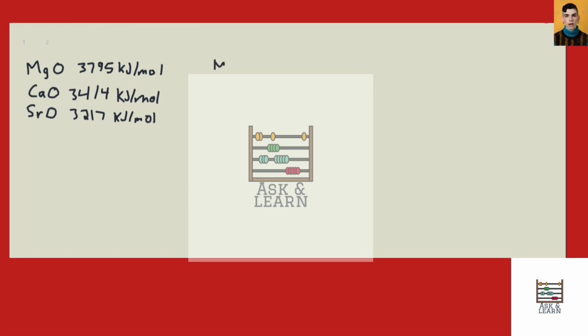And now we're going to compare it to MgCl2, CaCl2, which is what we're going to find, and strontium chloride, 2526 kilojoules per mole, and 2127 kilojoules per mole.